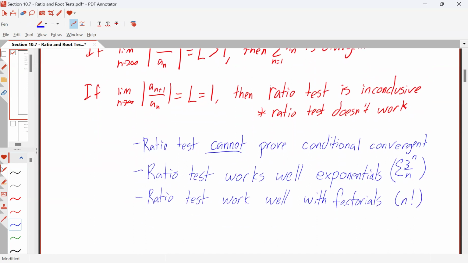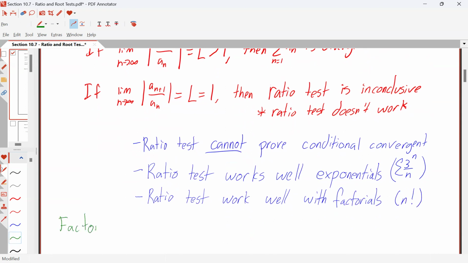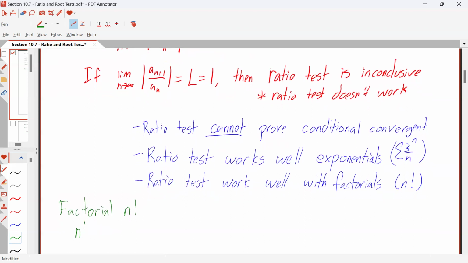And as a review, what is a factorial? Factorial is that notation with the exclamation point. And what factorials mean is we're taking that number with the exclamation point, so n, and multiplying it by all the numbers before it, all the whole numbers, because this is a sequence. So n times n minus 1 times n minus 2 times n minus 3, all the way down until we multiply by 1.